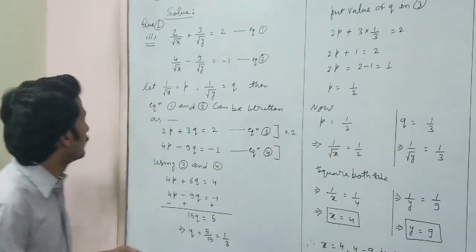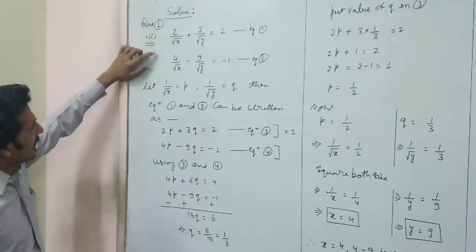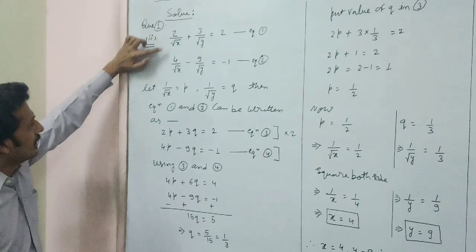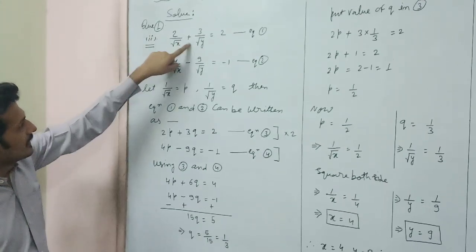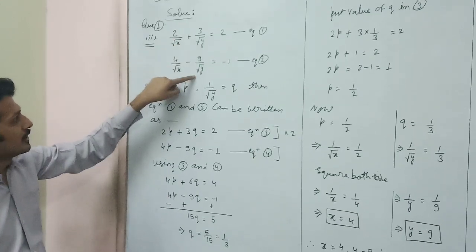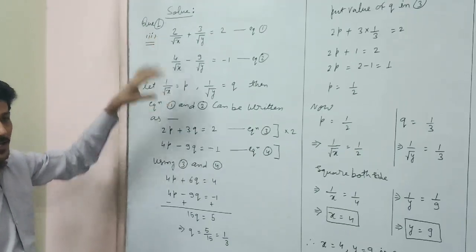We can observe one pattern: in the first equation the denominator is root x, and in the second equation also the denominator is root x. In the same way, the denominator of the second term is root y, and in equation 2 also it is root y. That means there is a similar pattern.